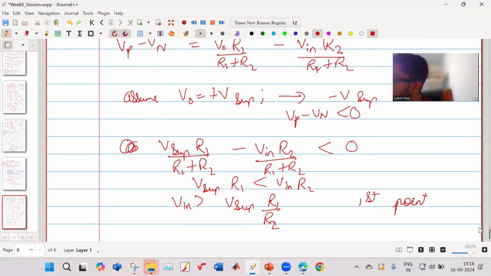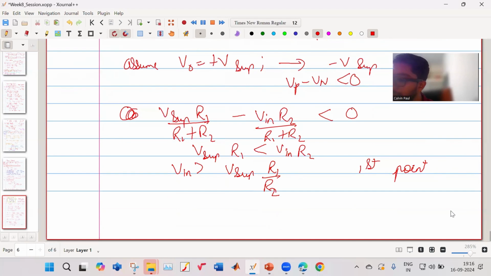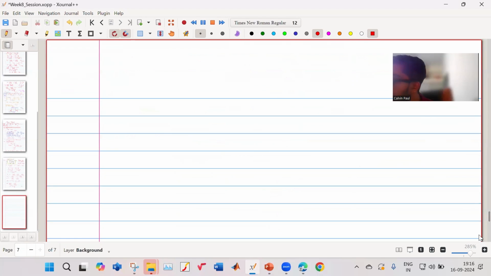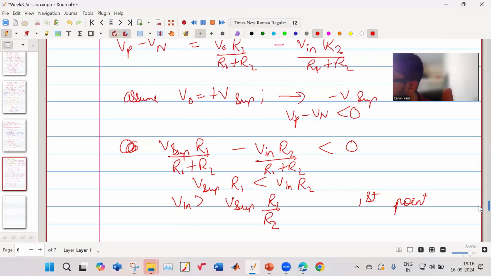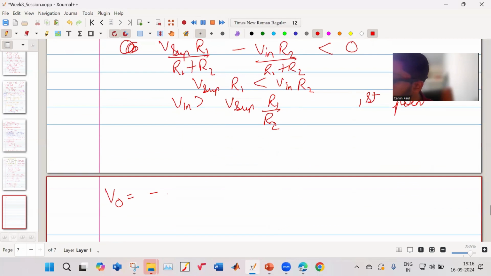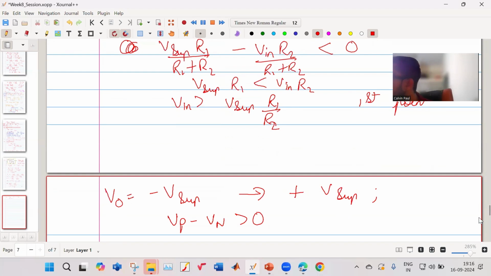Next, in the second condition, your V output now was minus V supply, and you want to change it to plus V supply. For this to happen, what should happen? Your Vp minus Vn must become greater than 0.